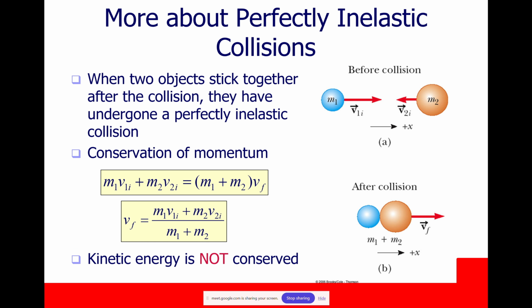Now, you need to know more about perfectly inelastic collisions. When two objects stick together after collision, they have undergone a perfectly inelastic collision. This one, mass M1, collides with mass M2, and then after collision, you now see them together. It is telling you that they are perfectly inelastic. These ones that are moving together are going to have a common velocity.